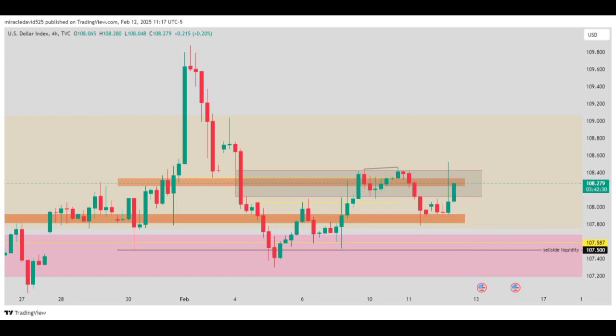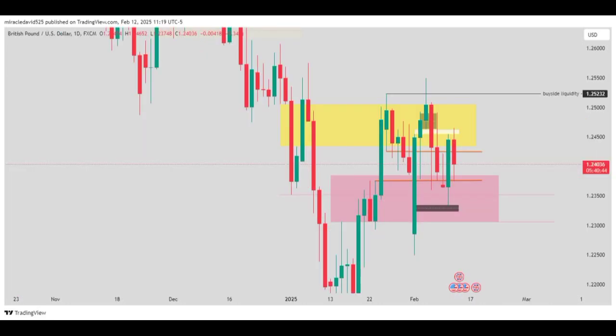When price goes above the 4 hours level, I'm expecting to see it act as a support to send price higher. That's my expectation watching this 4 hours chart. But until it closes above it, you're just on the sideline.